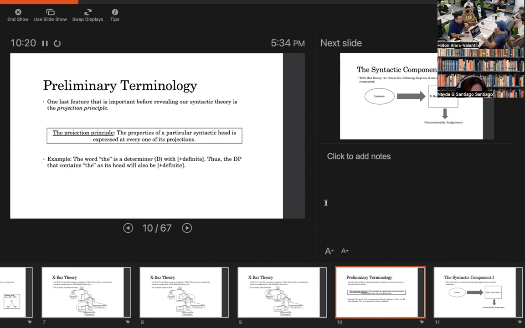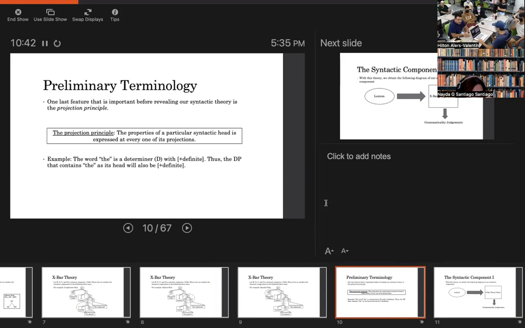So if it was minus definite, like a cat, then the whole phrase is minus definite, okay? You can think of it very easily. The only possible head of a verb phrase has to be a verb. Because in order to be a verb phrase, it's the projection of a verb. Okay, so any structure has to be the projection of a head, and the projection will have the same category as that head.